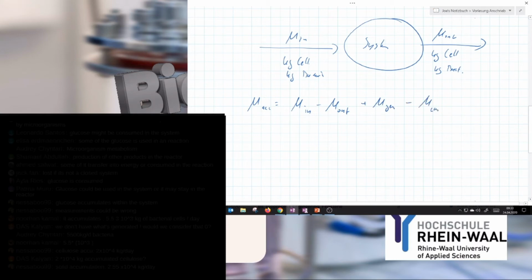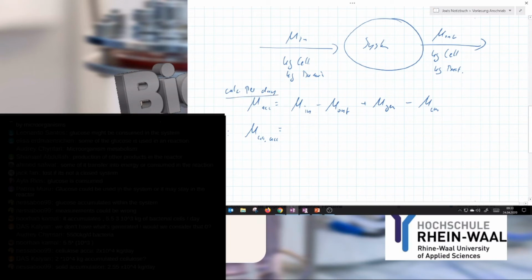And now you simply put it for cellulose. So you start with cellulose, and then you put M cellulose accumulated is equal to. And now you can simply copy M in. The calculations are per day, so you don't need to put this per day every time.